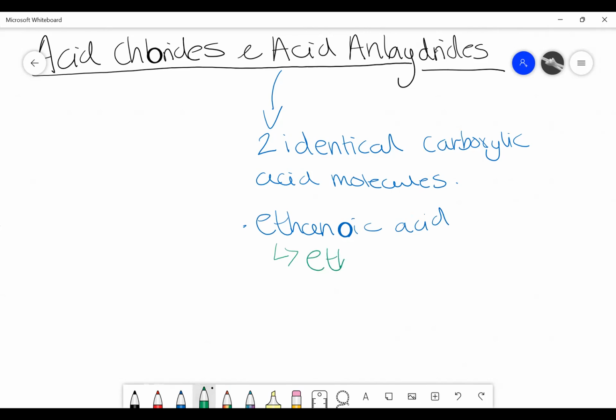So it would be ethanoic anhydride. And that's for naming it.